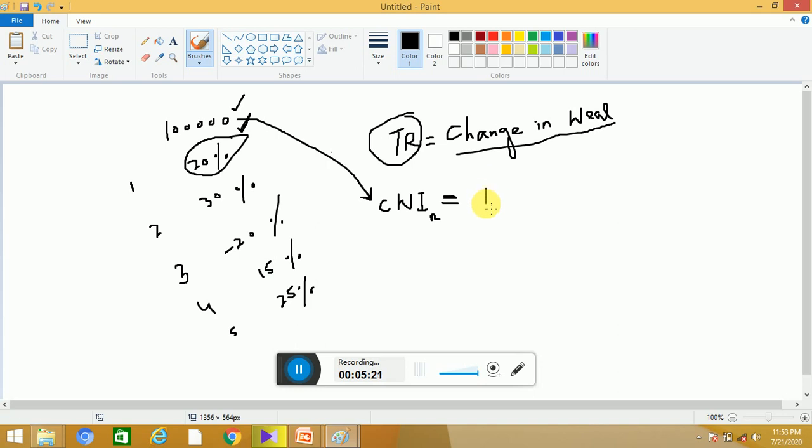See, it will start with 1 lakh, because our initial investment is 1 lakh. Now 1 plus total return 1, which is 20%.